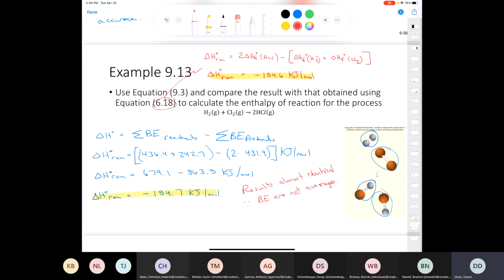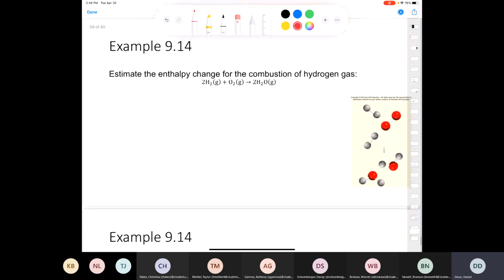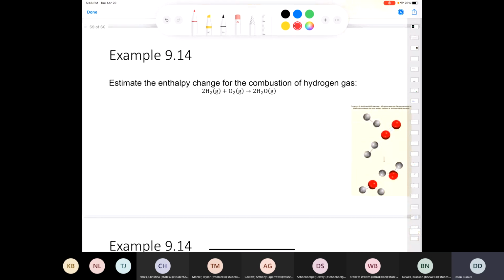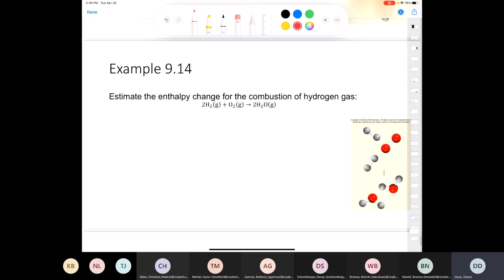Okay. Now, the last question that we're going to look at in the chapter involves the same kind of exercise. However, of course, when we're looking at water, we have to use the average bond enthalpy of the oxygen-hydrogen bond, right? And we already saw these values earlier on.